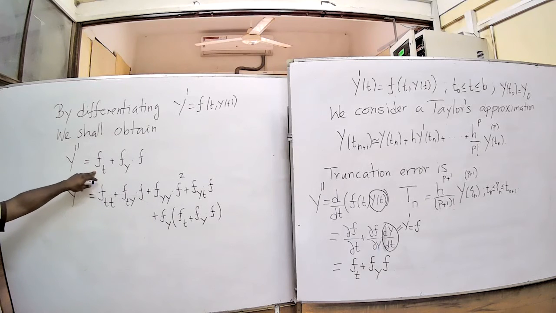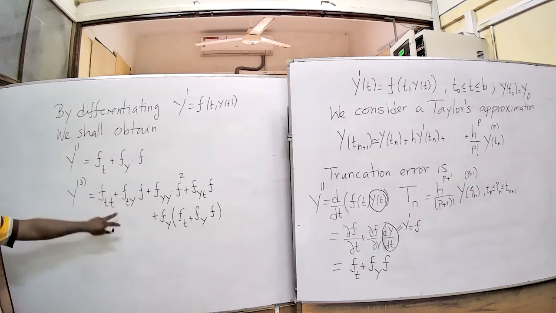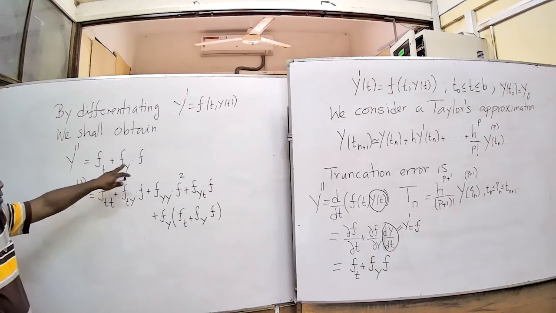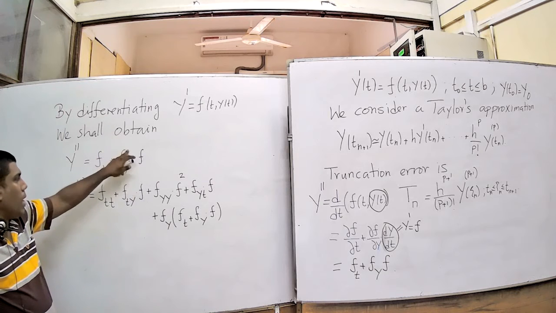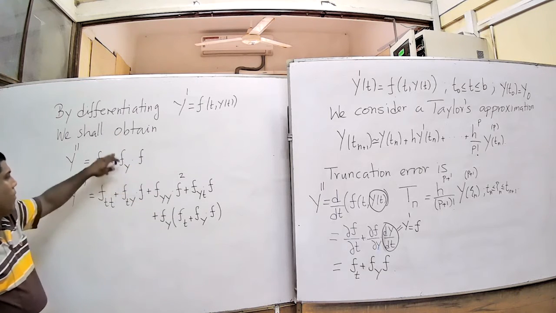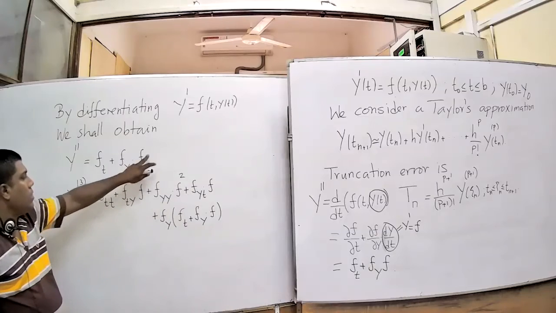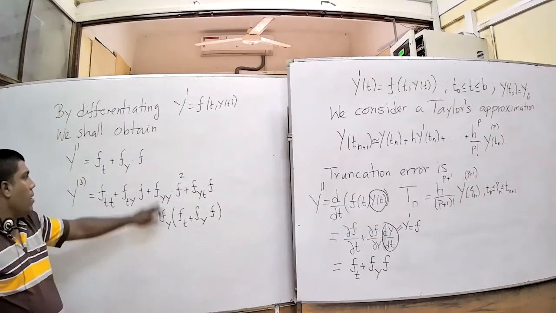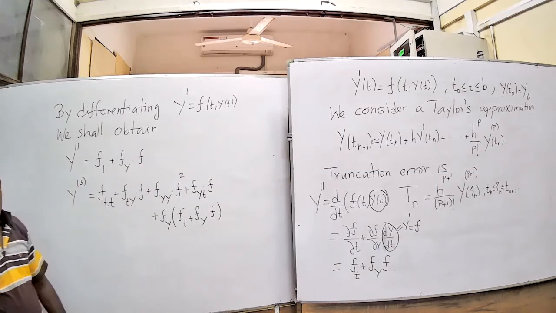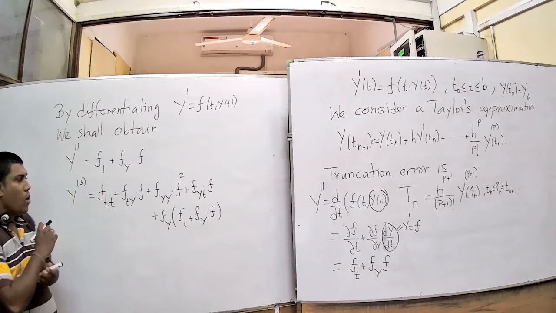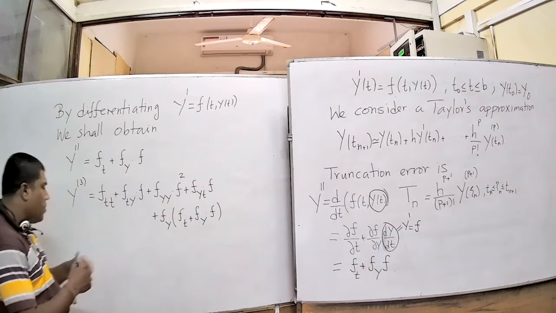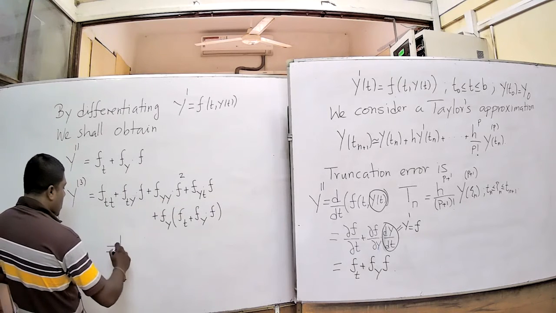So again, chain rule: f sub t t plus f sub t y times y prime, so that is f. And then when you differentiate this, you keep this and differentiate this, so f sub y y times y prime times f, so f squared, and f sub y t times this, and then keep this and differentiate this. Product rule. But you obviously know f sub t y and f sub y t are the same, so you can summarize this as this.